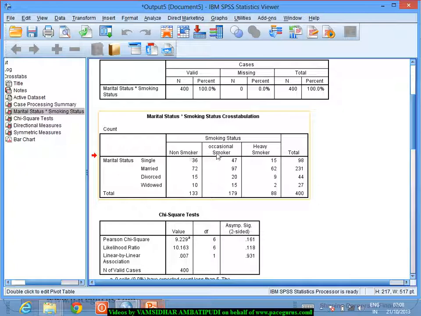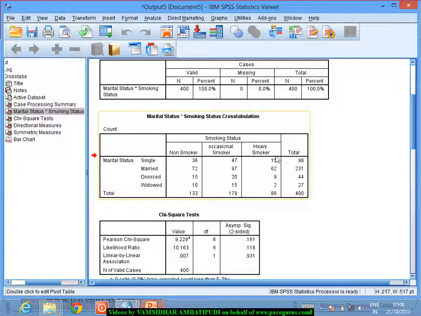The proportion of non-smokers, occasional smokers and heavy smokers, is it more or less uniform across all the groups, or do I really see a significant difference existing between the groups? From that standpoint, I should look out for a statistical test. Otherwise, by a simple visual representation, it shows a significant proportion of people in these two categories, but very few people in this category. But I need to know whether that is significant or not.